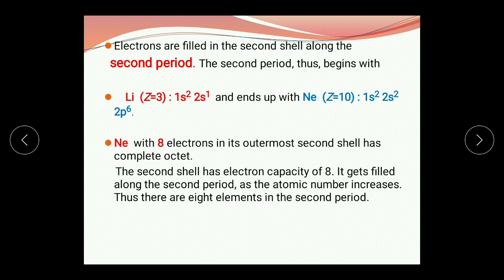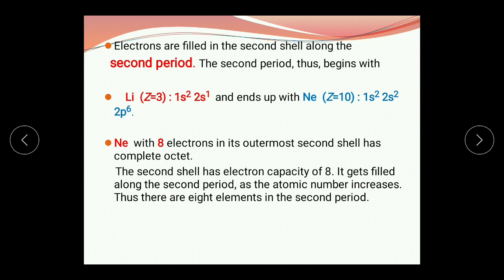Hence, it will not react with anybody else to form a compound. That's the reason why these elements, the inert gases or noble elements in the last group, have completed octet or completed electronic configuration. Hence, they don't form any compound with any other element.